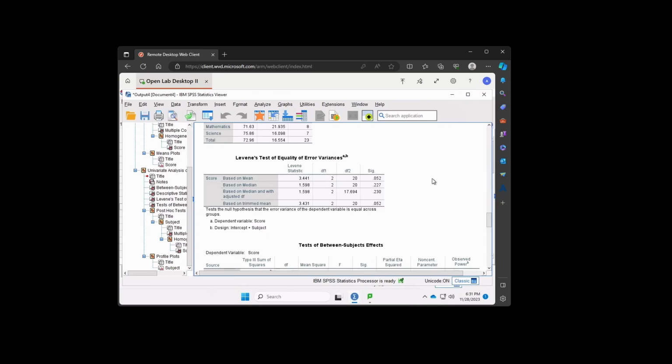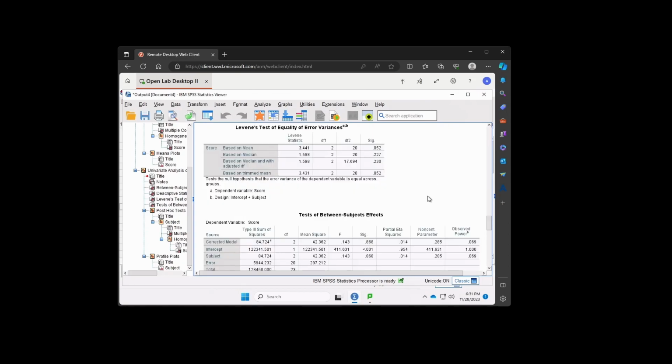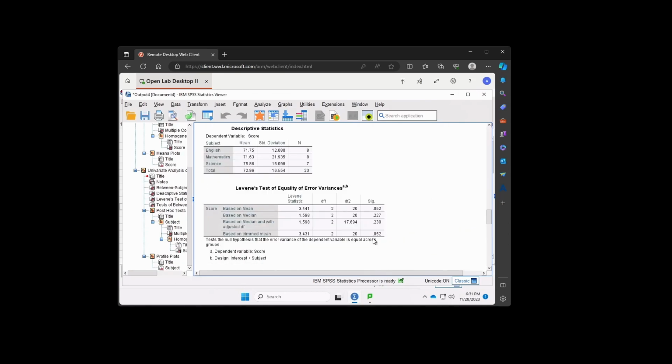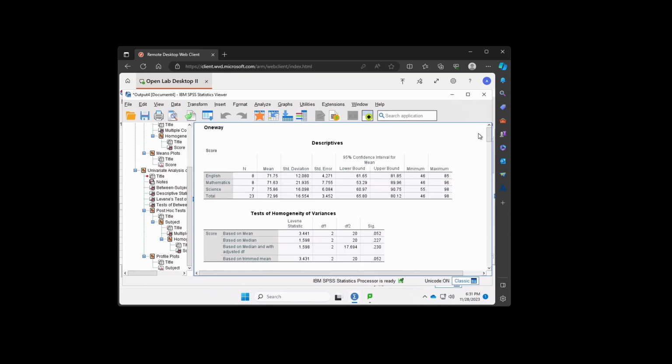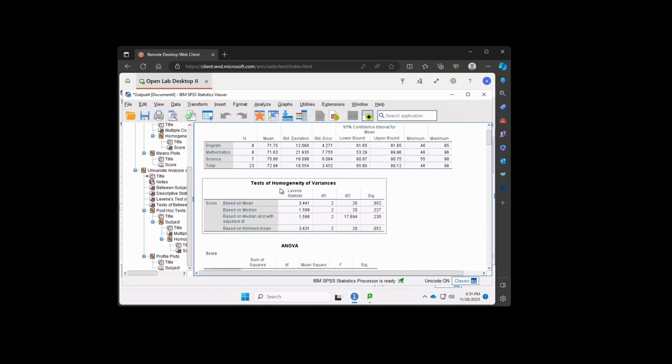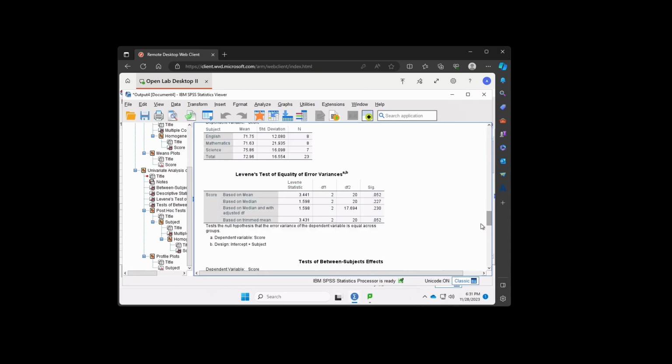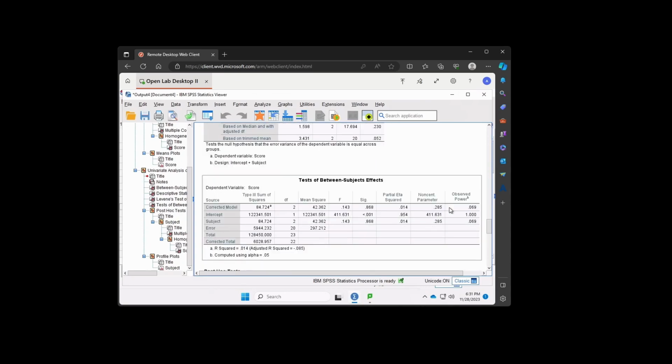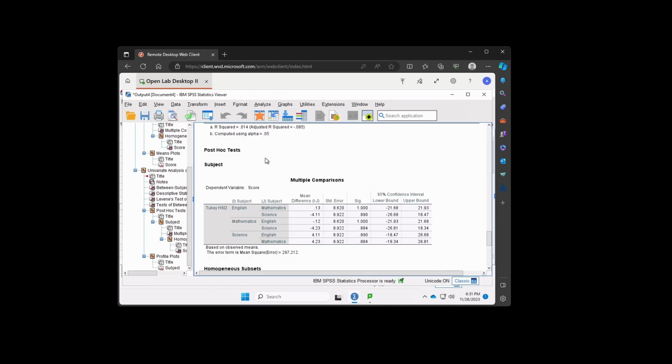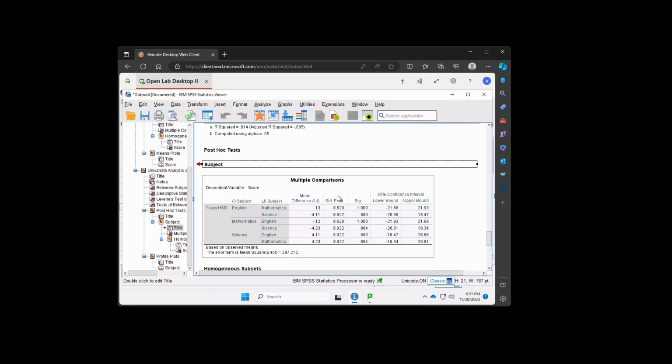So it tells us that it is non-significant, and 0.052 is actually the same as, if you scroll up, our test of homogeneity of variance. It is the same. You can see here it is 0.052. Okay, and for our post hoc test, we can see that the standard errors are all almost the same.